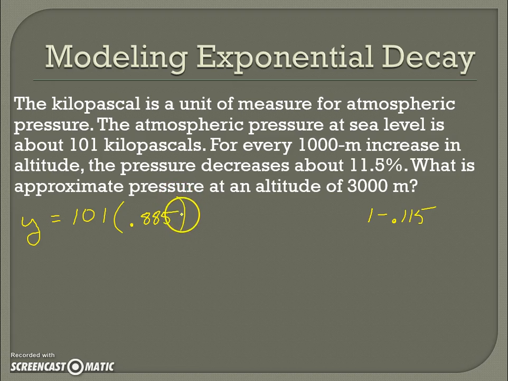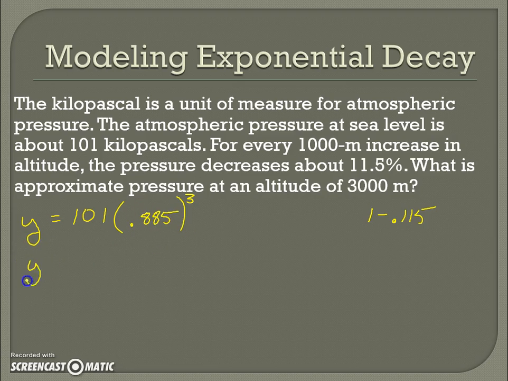And then that whole thing is going to be raised to x, the amount of time, or in this case, it's not time, it's how it's changing. This says for every 1,000 meters, if it goes 3,000 meters, then that's 3,000 divided by 1,000, which is 3. So there's my altitude in thousands of meters, right? So that x is the exponent of the decay factor here.